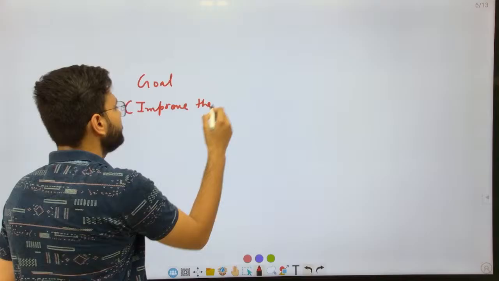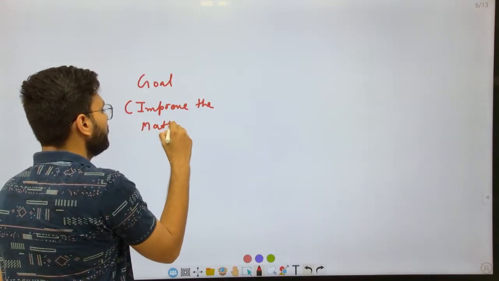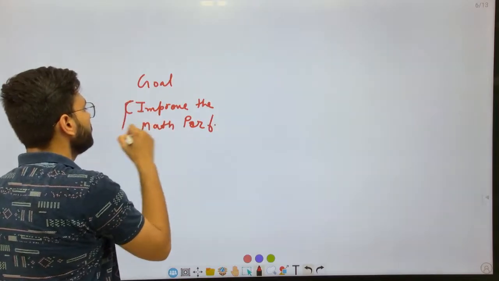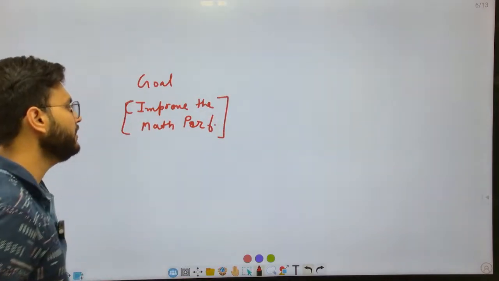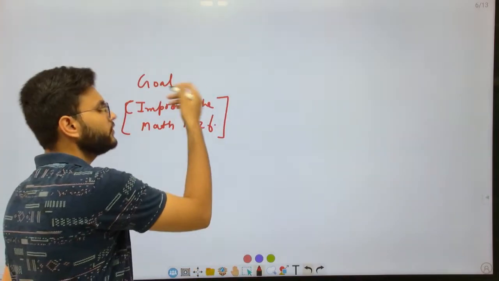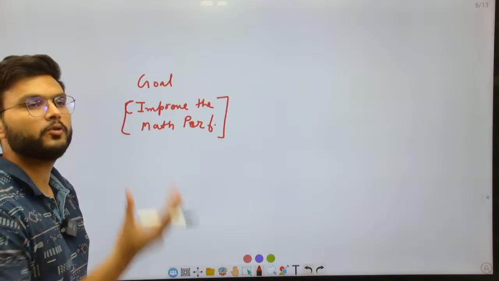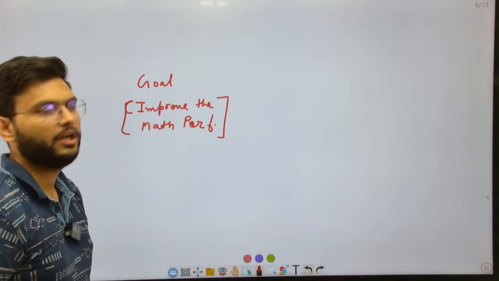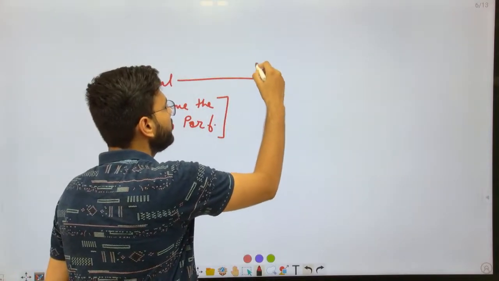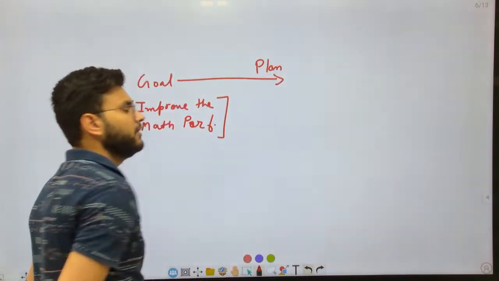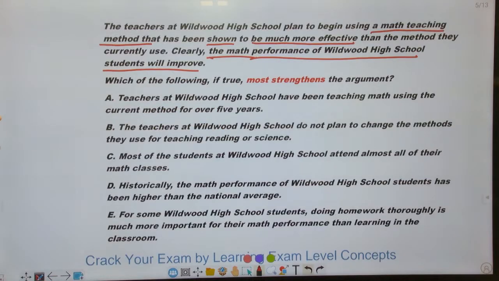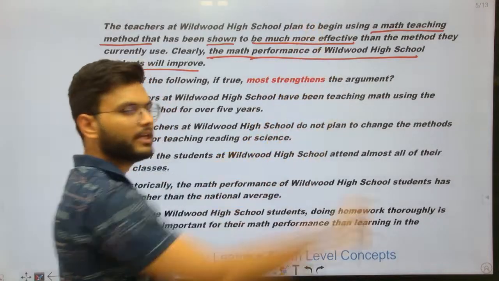My goal is to improve the math performance of students. Now, how can I improve this math performance according to the author? According to the author, we have a new plan. What is the plan? The plan is that we have a much more effective method.